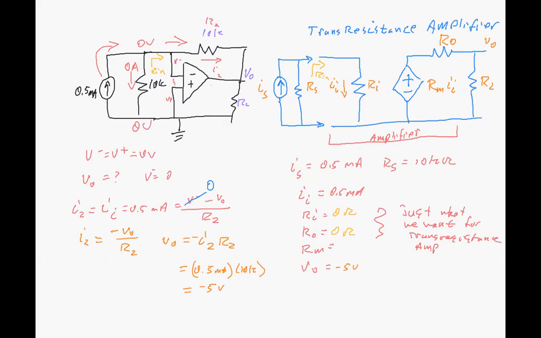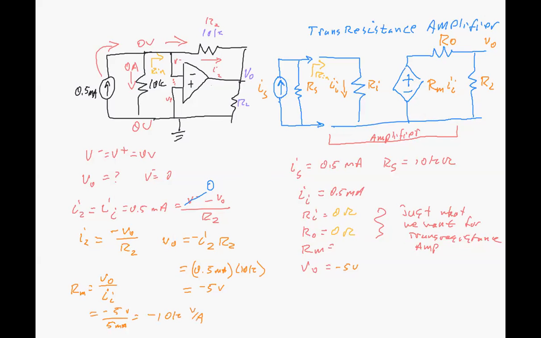And then we'd like to have the value of Rm. Well, Rm, that value on the voltage source that you multiply by the input current Ii to get a voltage output, is just the output voltage Vout over Ii, and that's minus 5 over 0.5 milliamps, which is equal to minus 10K volts per amp.